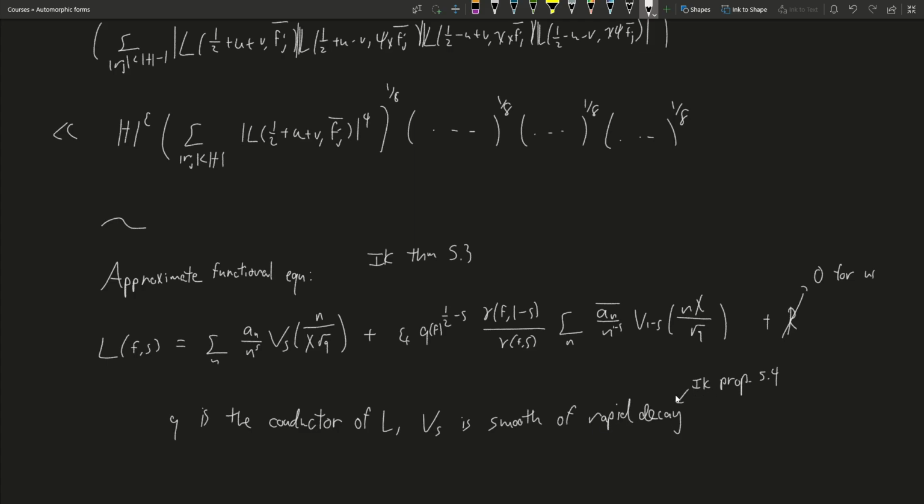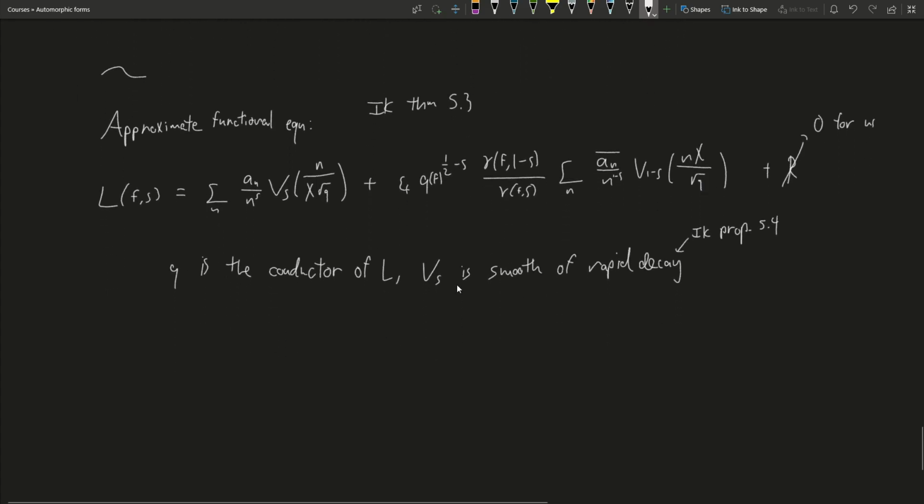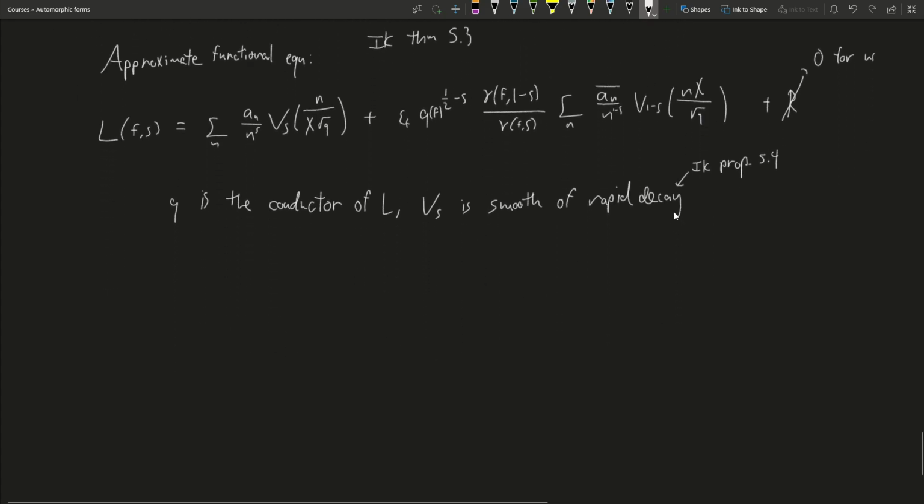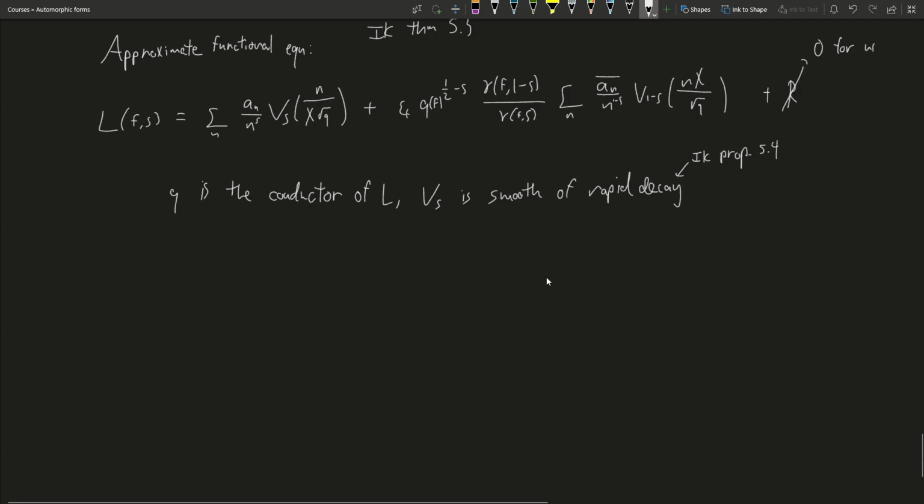And the point is that it's kind of a fixed function, especially if you think about taking X equals 1 here. As long as n is significantly bigger than the conductor of f, then you're truncating the sum. That's the point of this function V. It's to truncate the sum at about the square root of the conductor.